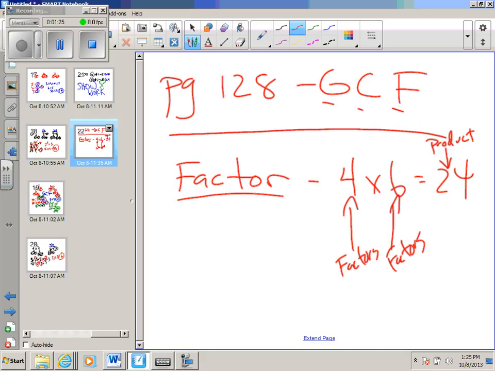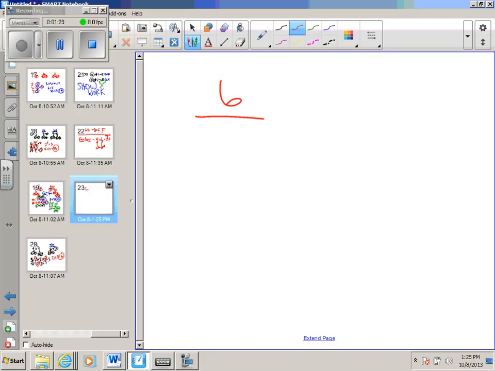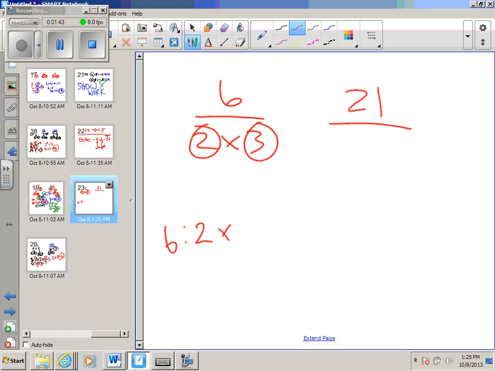For example, if I want to find out the greatest common factor between, say, a 6 and a 21, the process is as follows. I will work through my factor trees and I'll say, okay, the prime factorization for 6, when I put them in order, is 2 and 3.